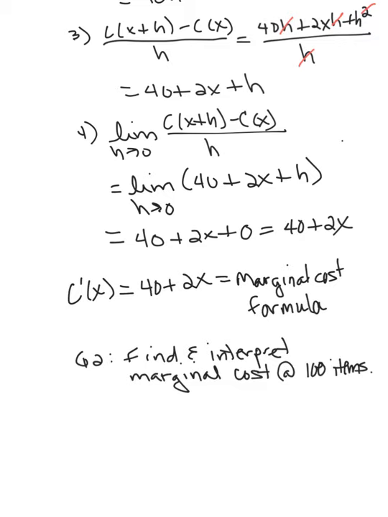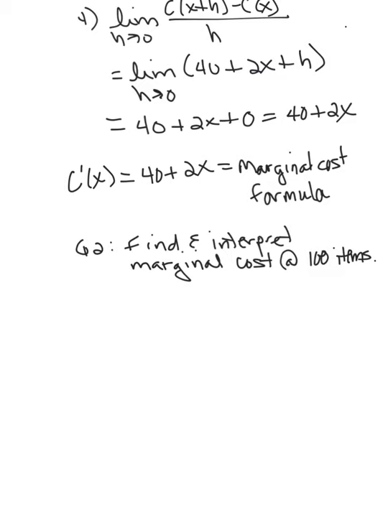So what that means for us to do, first of all, if we are at 100 items, we need to do C prime of 100. C prime of 100 will be 40 plus 2 times 100. So 200 plus 40 gives you 240. This is a cost, so this is dollars.